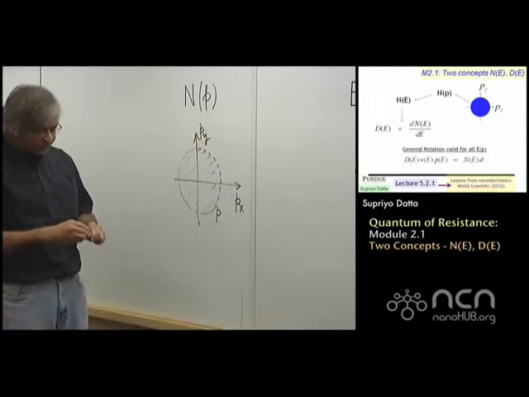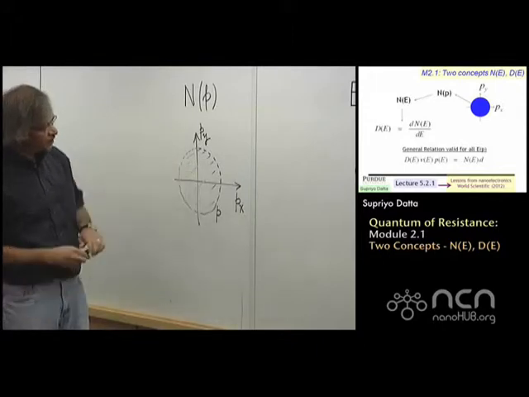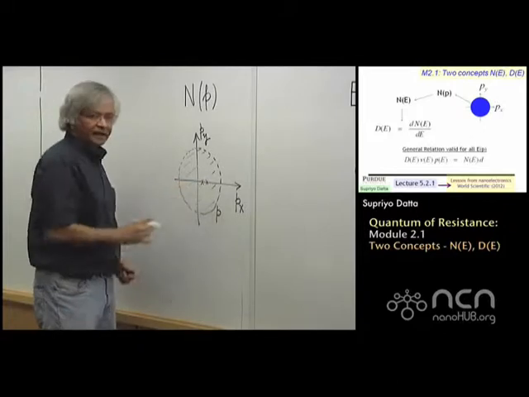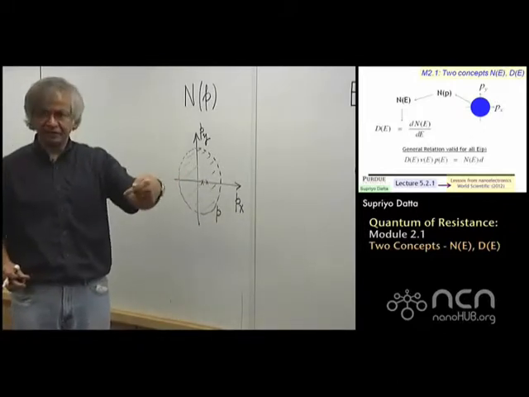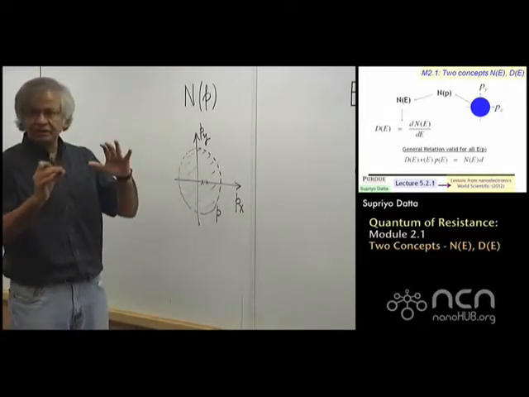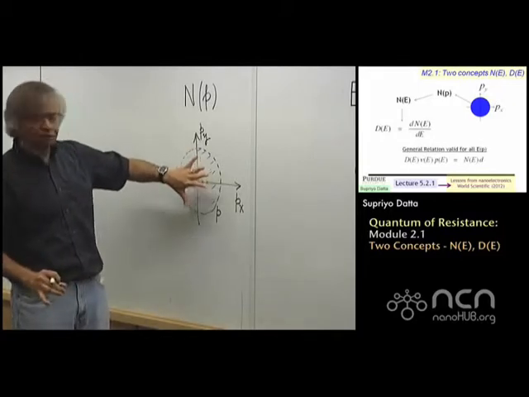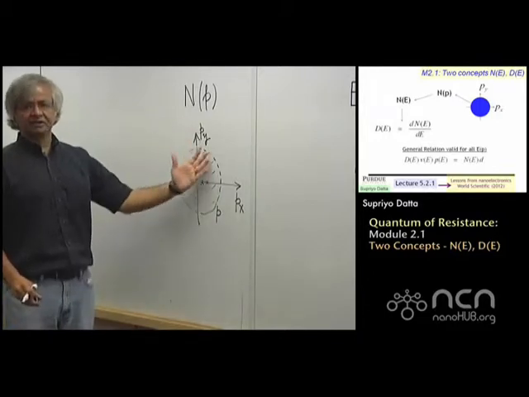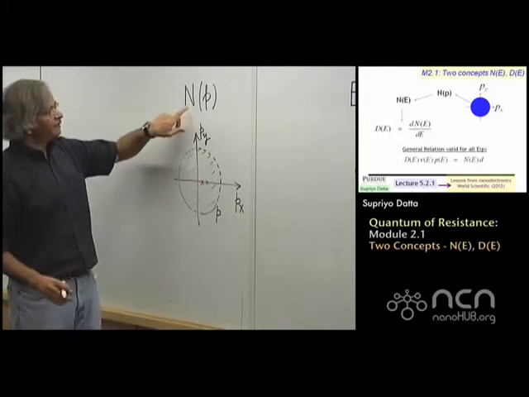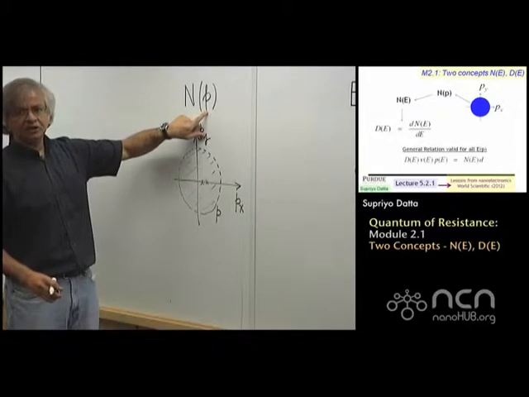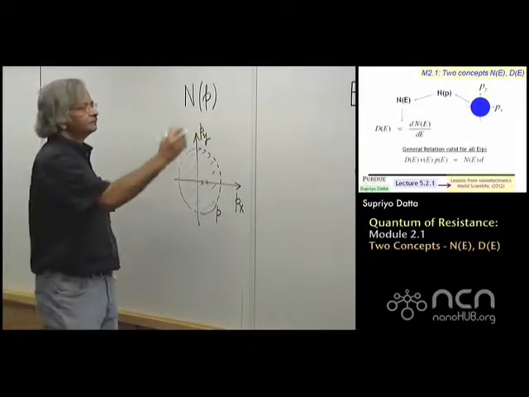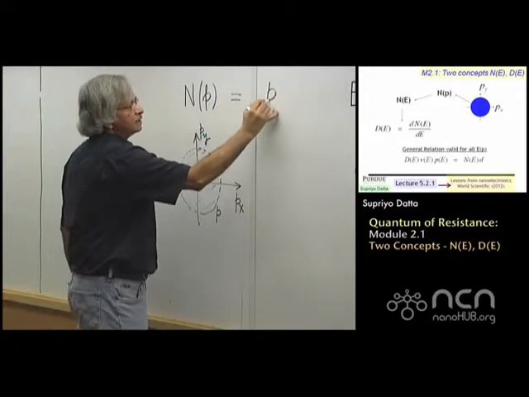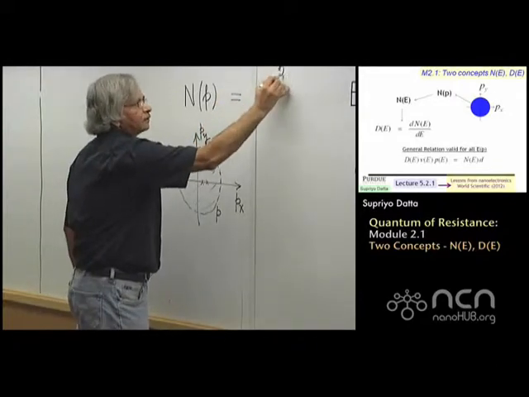Now, this requires some discussion because you first have to argue how these states are located. And that is a discussion we'll go into in the next module. But one thing you can expect without too much thinking is that if you're talking about a two-dimensional conductor, then this function N of P should depend on p squared. Why?